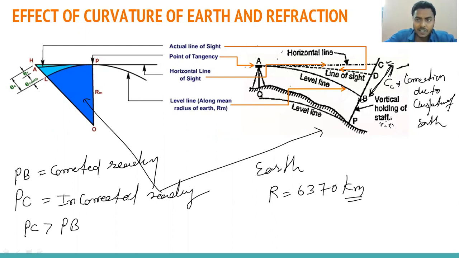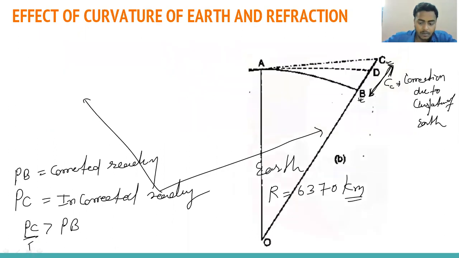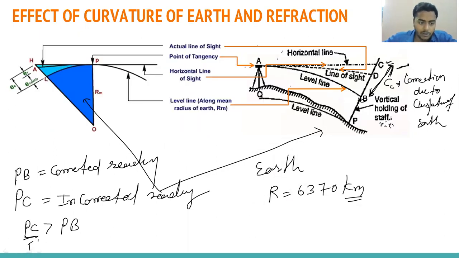So what elevation will we get through this reading, PC? Suppose we have taken this PC reading as a foresight. This foresight, right? So for the foresight we get a more value, meaning we will get the elevation lower.